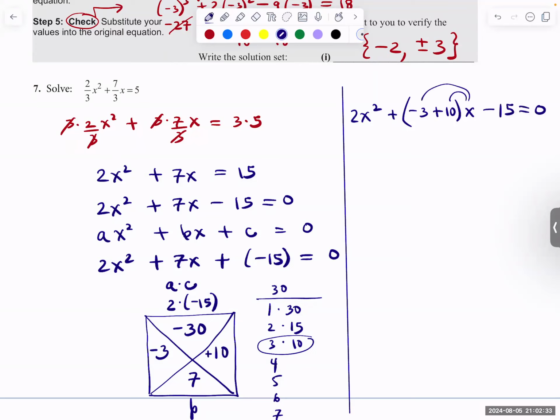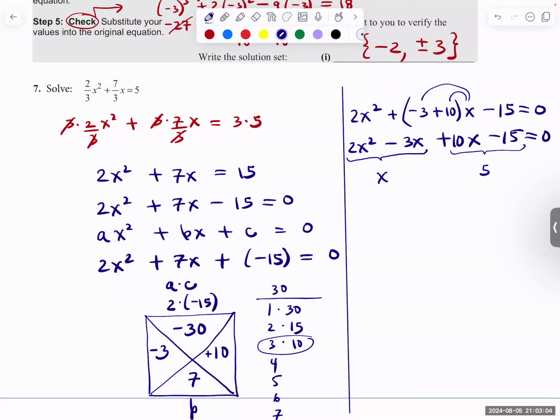So now we'll distribute the x, so we get 2x squared minus 3x plus 10x minus 15 equals 0. And now we have 4 terms, so we're going to continue with the grouping method. When we group the first 2, we have a greatest common factor of x. And when we group the last 2, we have a greatest common factor of 5.